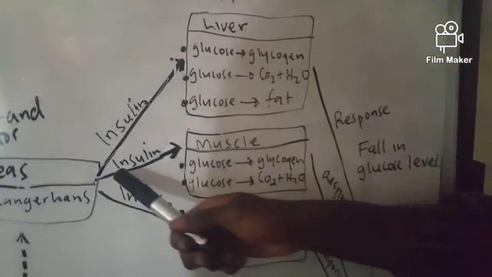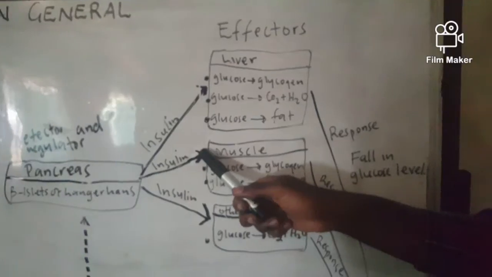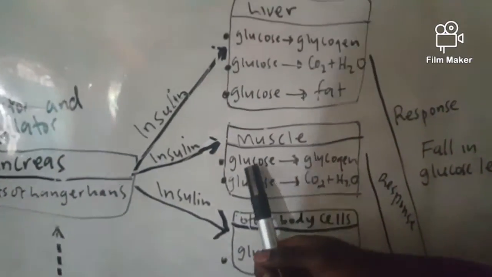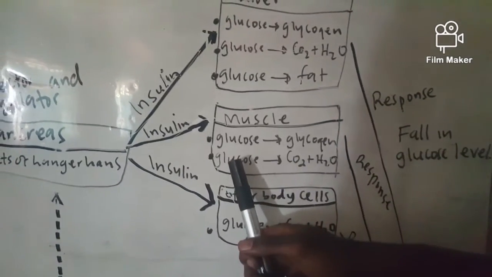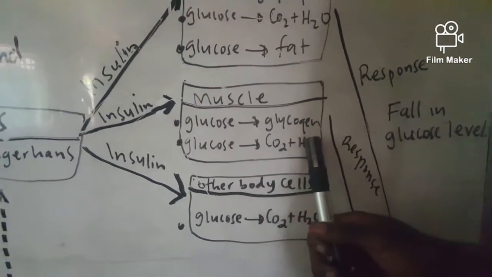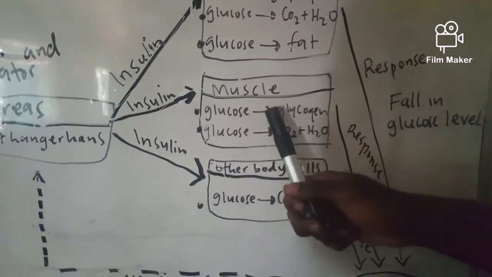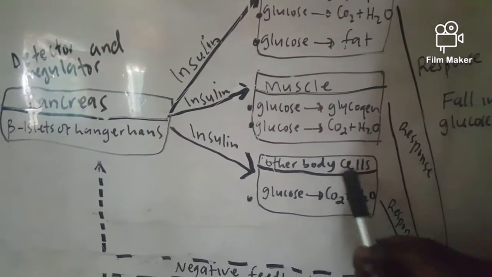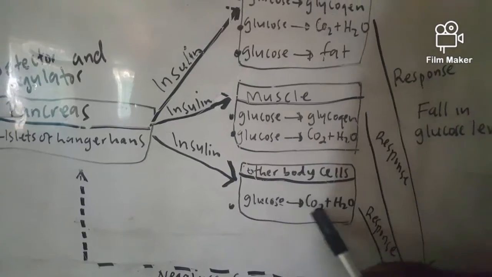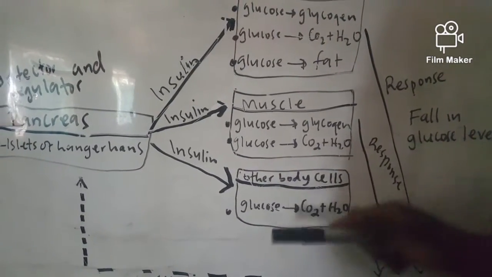In muscle, insulin reaching the target cells in the muscle cells results in conversion of glucose to glycogen for storage, and glucose to carbon dioxide and water, which is a form of respiration. Then in other body cells, it simply speeds up the rate at which respiration takes place.